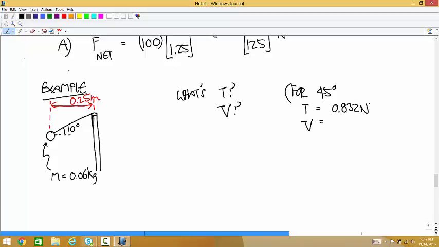Okay, newtons. 1.55 meters per second. Okay, so when we do the new calculation, are we going to get bigger or smaller values for those? Bigger for both of those. It's going to have to go faster, and because it's going faster, that tension is going to be bigger.